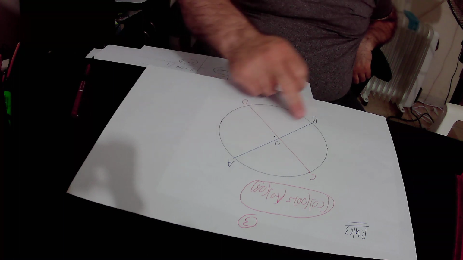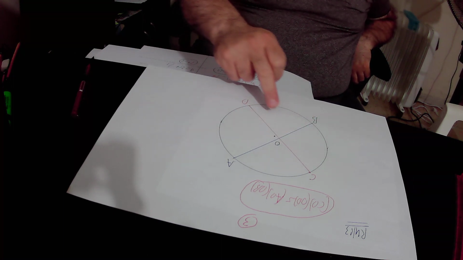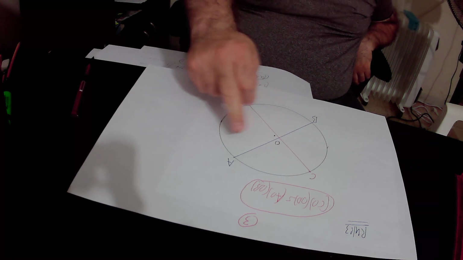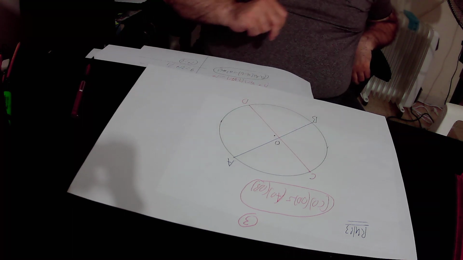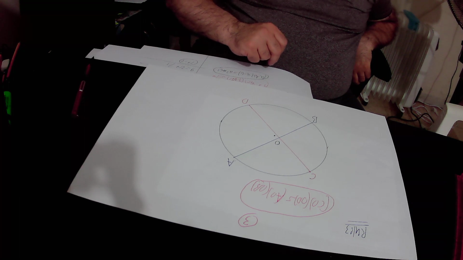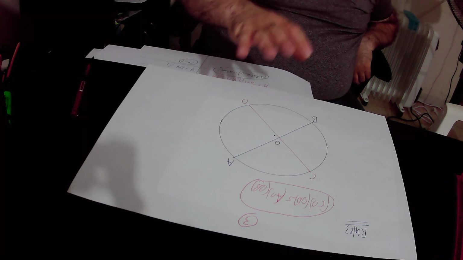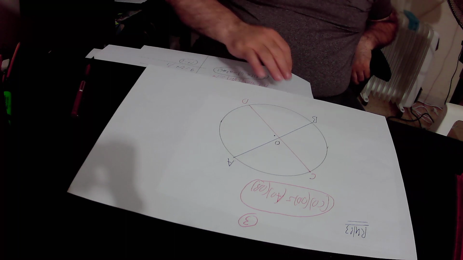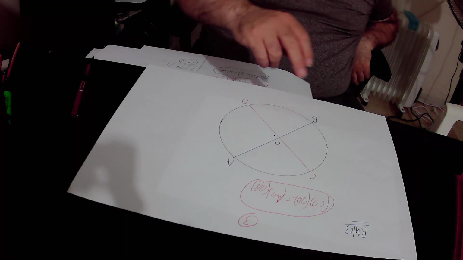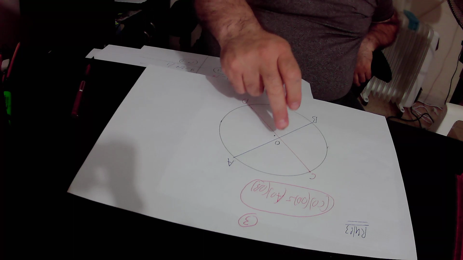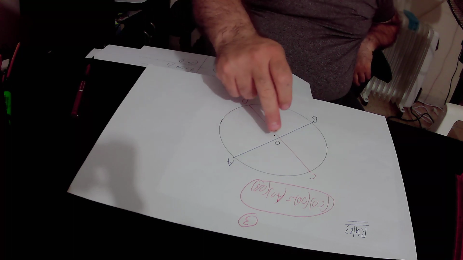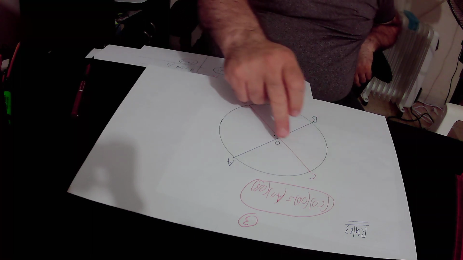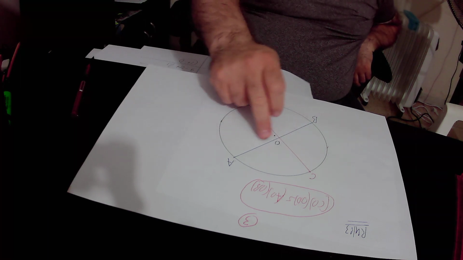Chord AB intersects chord CD at point O. Whenever two chords intersect inside the circle, the following formula is true: CO times OD equals AO times OB.